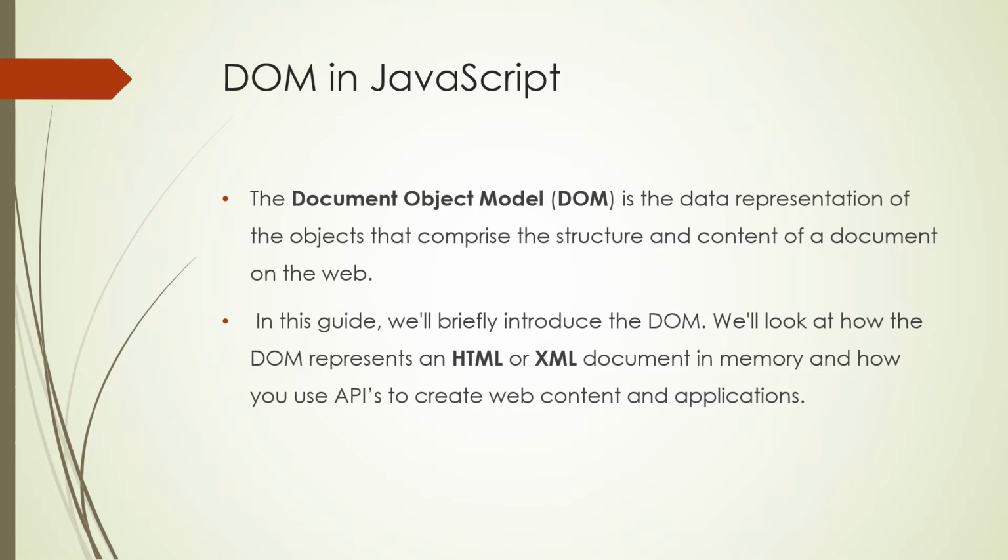We will look at how the document object model represents an HTML or XML document in memory and how you use APIs to create web content and applications. From this paragraph, we can get the uses of JavaScript.